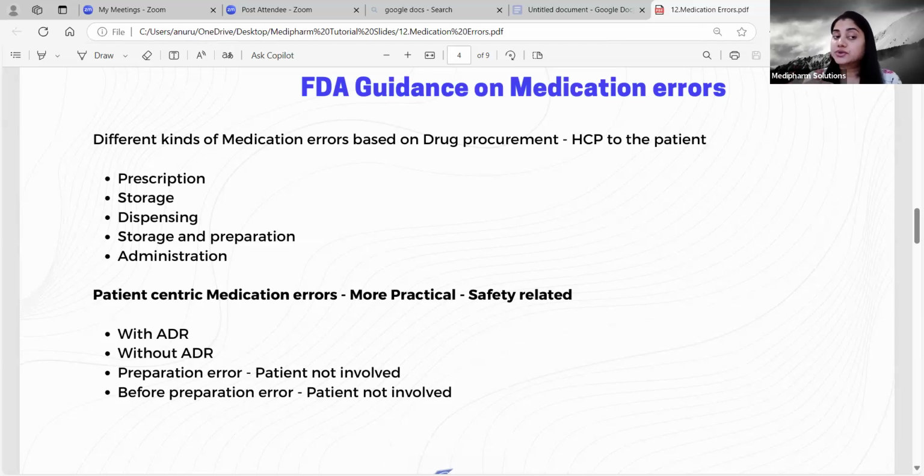So that is a storage problem, but we even get cases wherein the product has been stored beyond the temperature limitation, or the product was supposed to be kept away from the sunlight, but the product was kept under the sunlight or something like that.